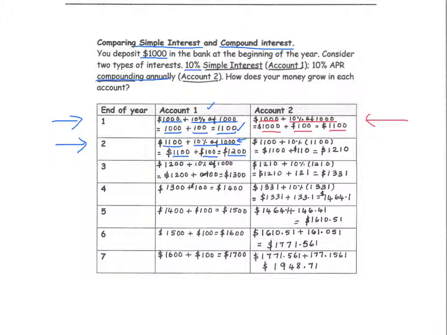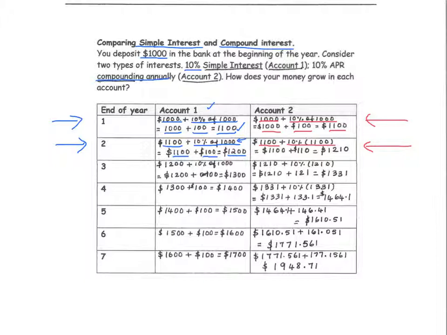In contrast, let's look at what goes on with the compound interest account. At the end of the first year, we have $1,100. At the end of the second year, what gets added on, and again, let's pay special attention to this, is 10% not of $1,000 but of $1,100.